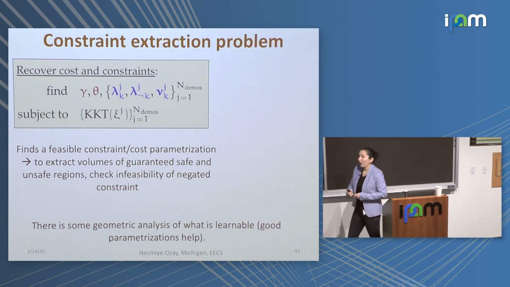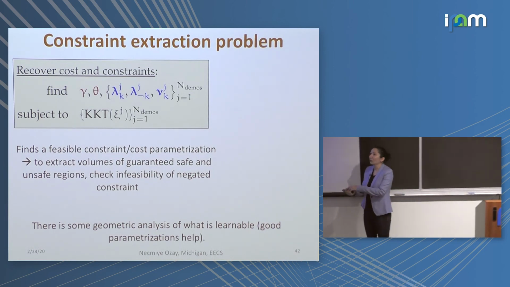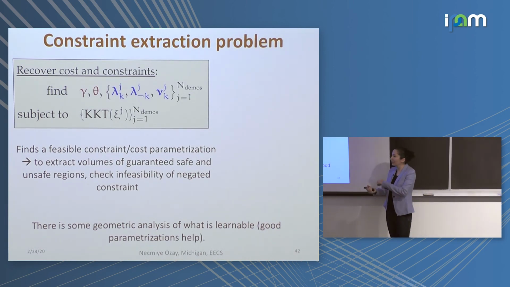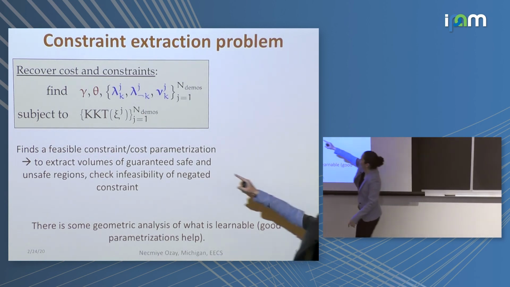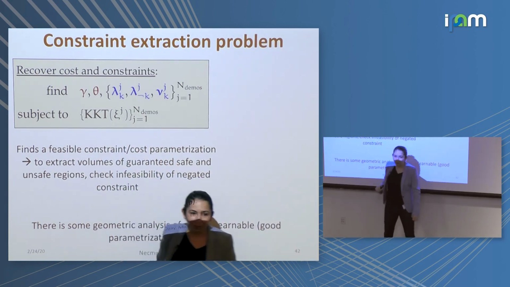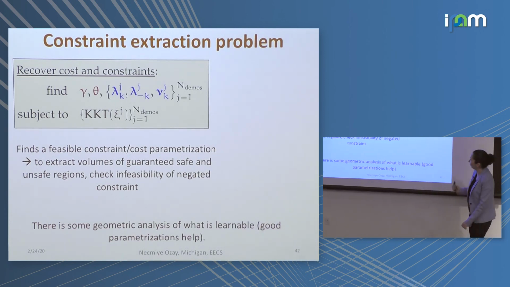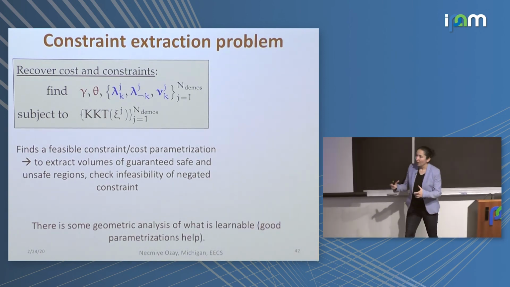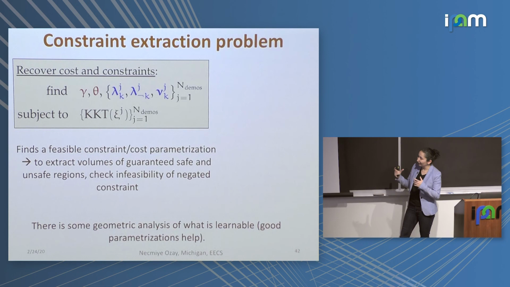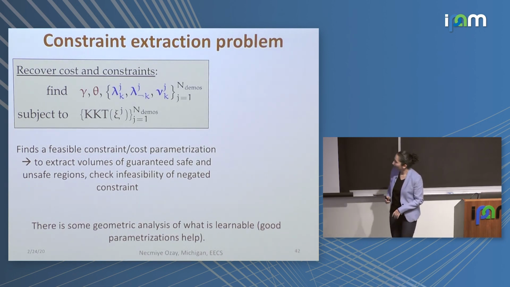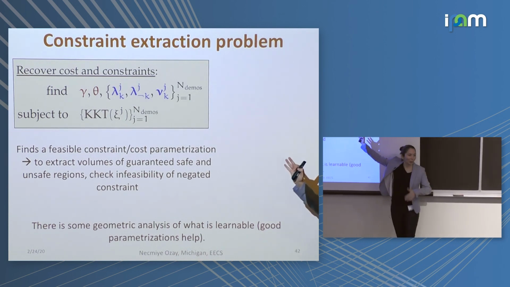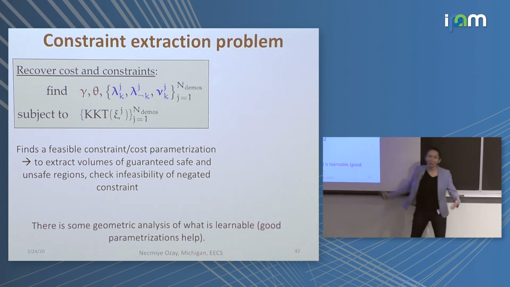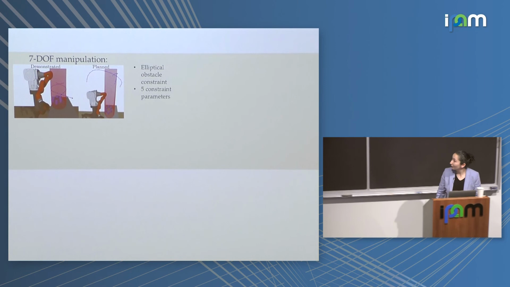You want to find constraints that are valid across all possible such realizations. And we have ways to query those as well and extract volumes of guaranteed safe and unsafe regions. And we have some geometric analysis of this ill-posed problem, of when you can learn what type of things.